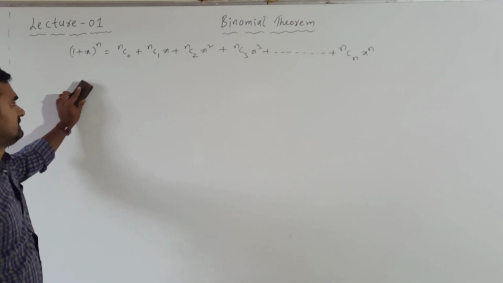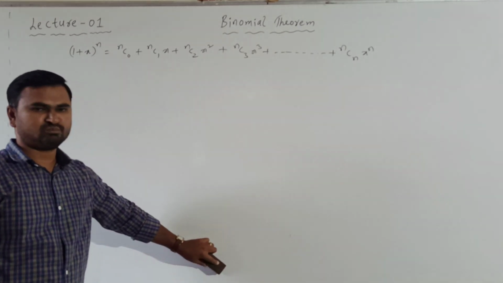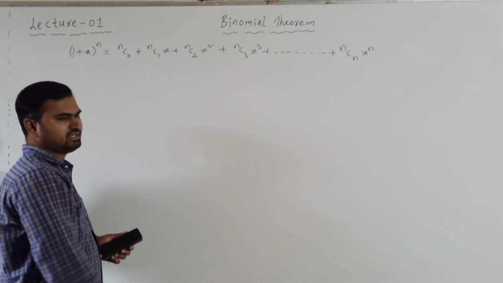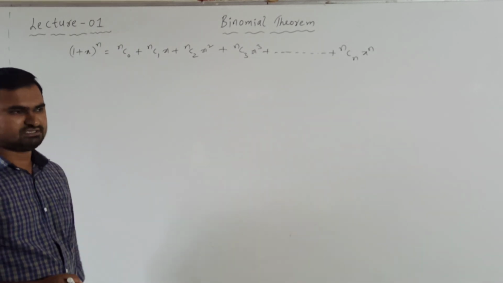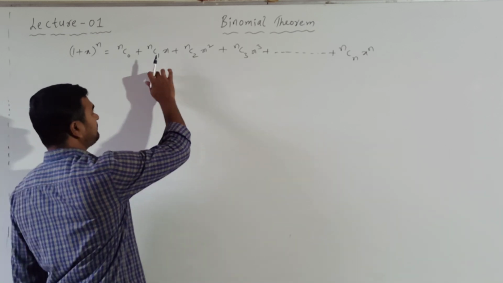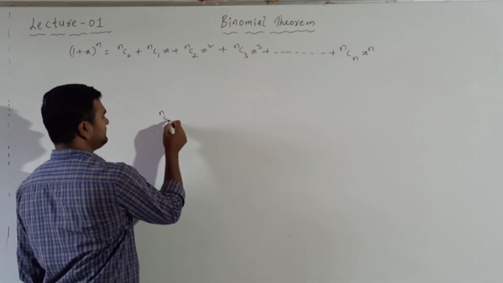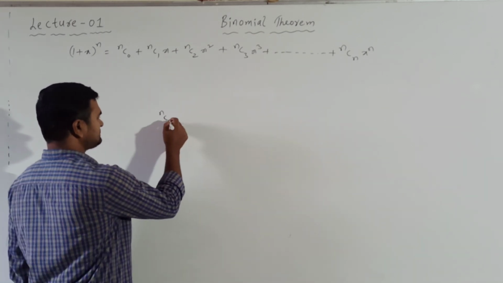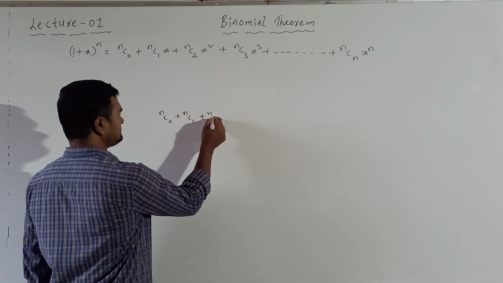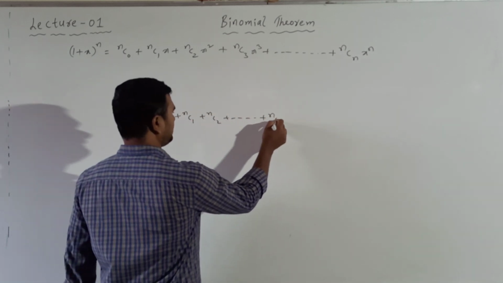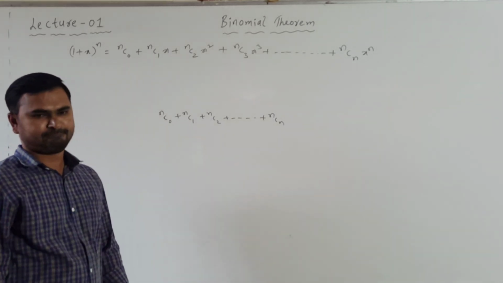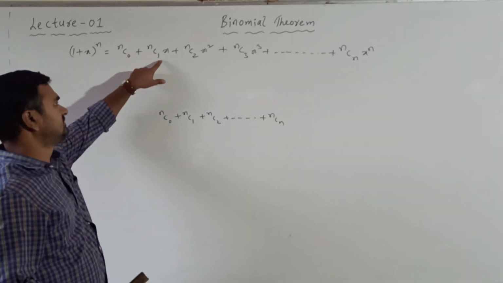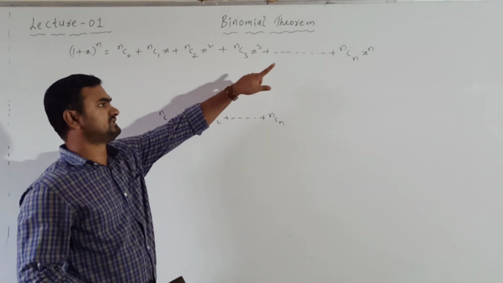Now in this expansion, if I want to find the sum of binomial coefficients, not only in this expansion, in any expansion, the sum of coefficients. Here I am interested in finding the sum of binomial coefficients. So sum of binomial coefficients means nC0 plus nC1 plus nC2 up to nCn. How to find this value? Observe this expansion. We need nC0 plus nC1 plus nC2 plus nC3 up to plus nCn.